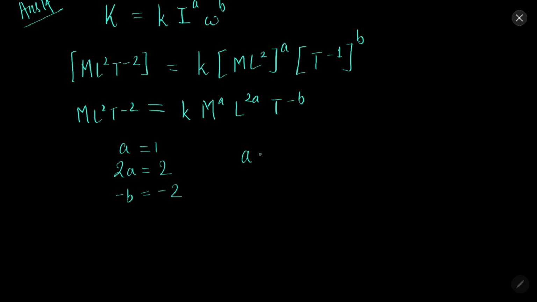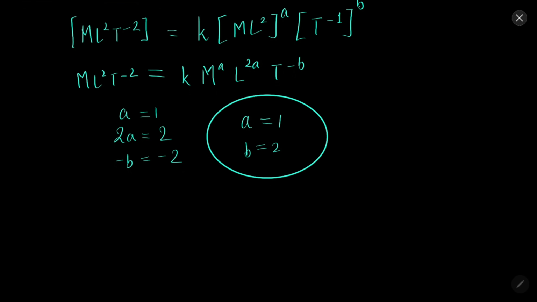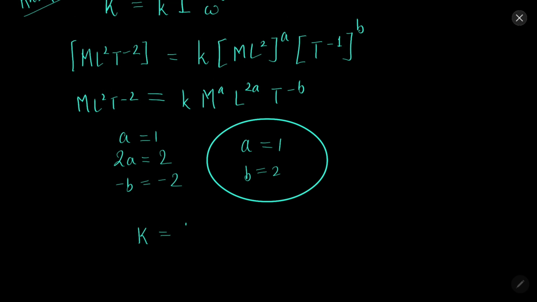So a will be equal to 1 and b will be equal to 2. So K will be equal to small k I to the power 1 and omega square.